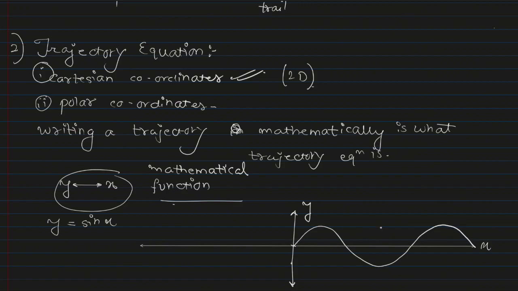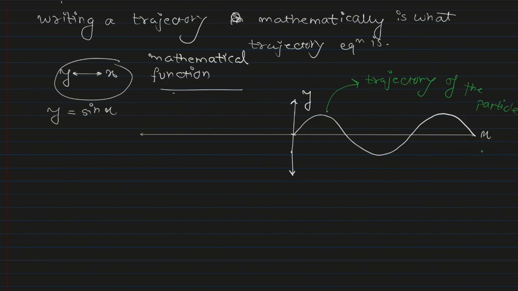So this is the trajectory of the particle, and we see the x coordinate is related to the y coordinate as y equals sine x, and this is the trajectory equation.